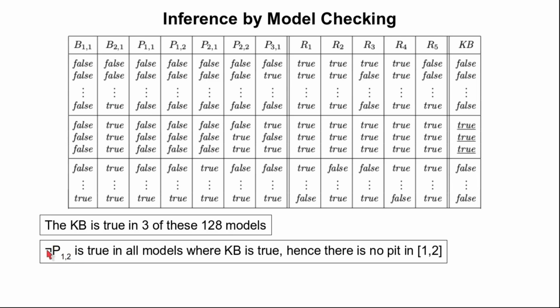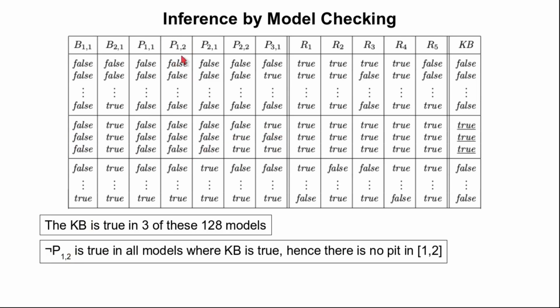Now, our knowledge base will entail not of P12 only if in all the three models where the knowledge base is true, not of P12 also has to be true. Not of P12 has to be true in all the three rows here. So where is not of P12?